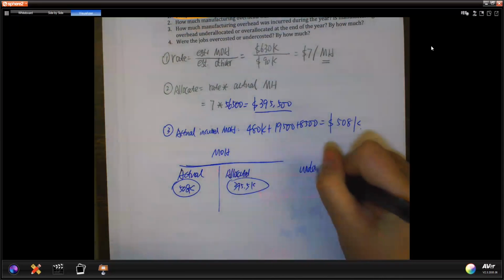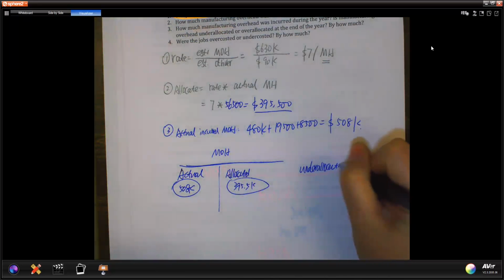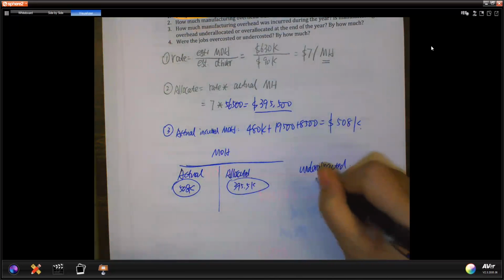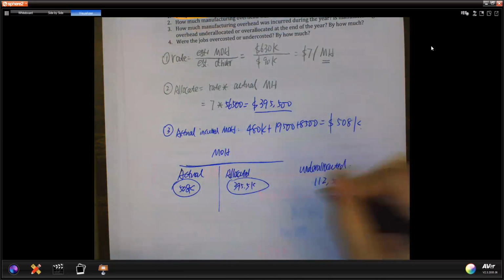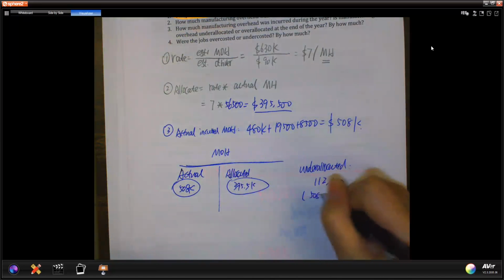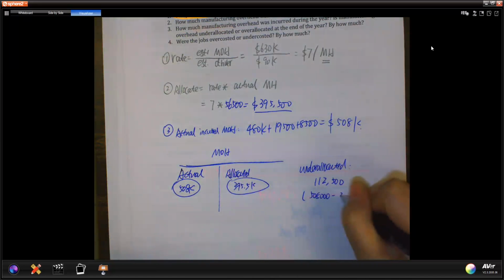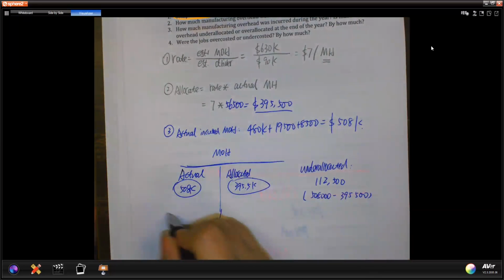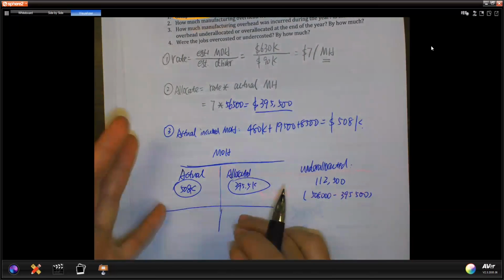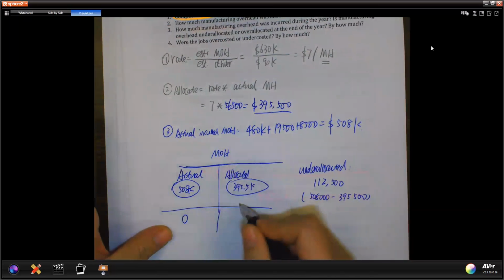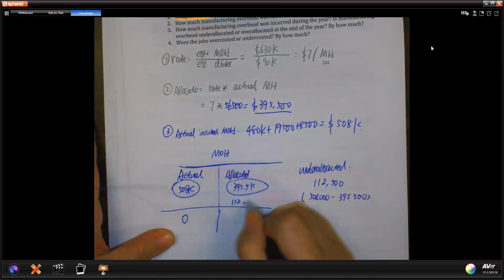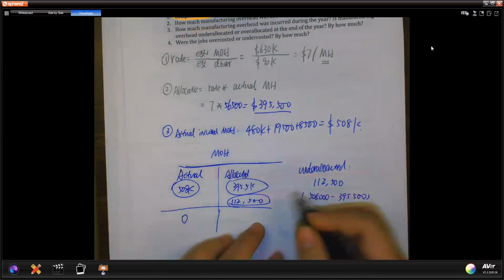We under allocated how much? 112,500. How did you get that number? 508,000 minus 395,500. So our under allocation is that much. And if you want it to be 0, you have to credit 112,500. So this is your under allocation.